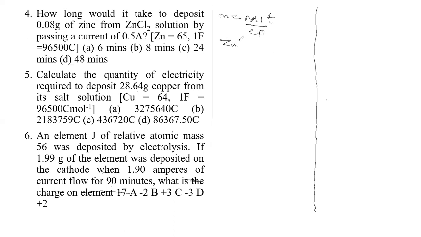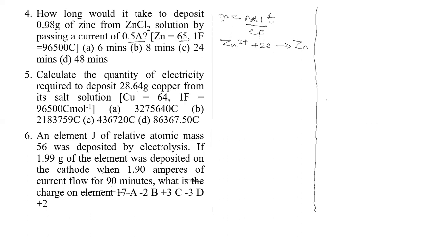For zinc, Zn2+ takes 2 electrons to give zinc solid. So E here is going to be 2, F is 96,500 coulombs, T is the question, I is 0.5 amperes. This capital letter M, remember I said, is the atomic mass of the element.